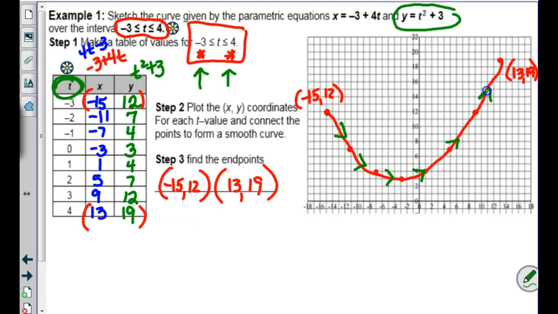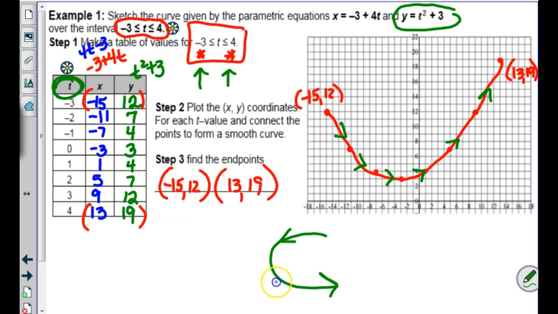And I don't care how many arrows you put on there, but there could be a possibility that it would graph in the other direction as we went from -3 to 4, and it could have been doing something crazy like this, okay?